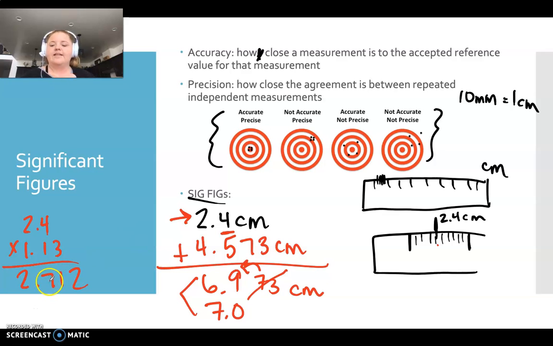Fine and dandy. But again, I only have these 2 significant figures here. So I would just say, these are my 2 significant figures, throw the rest out. So my answer would be 2.7. Notice they're a little bit different in the way that they work, but they're still pretty similar.